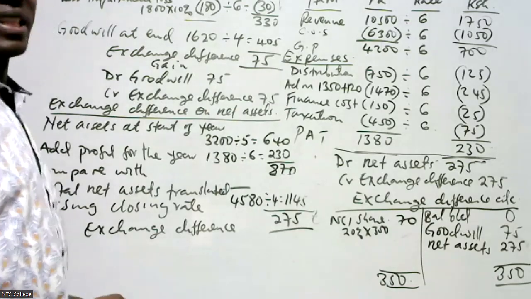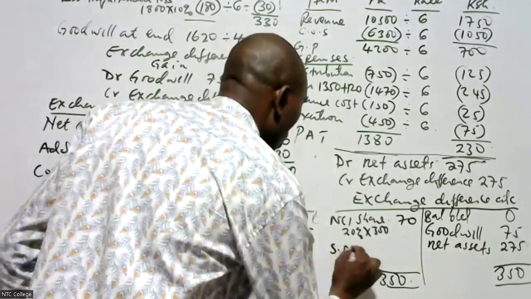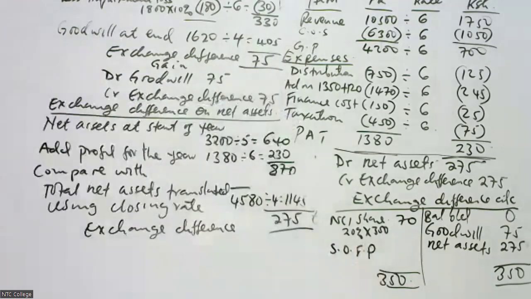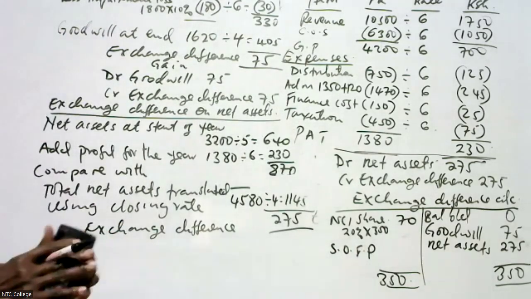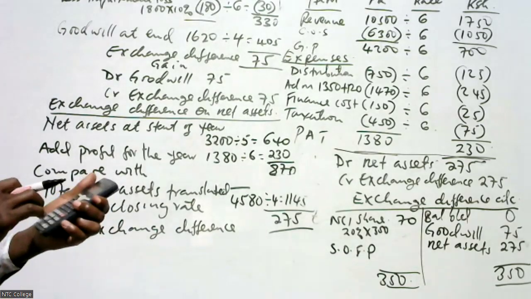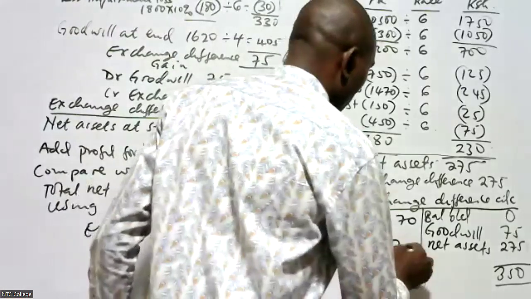Therefore, how much are we going to take to the statement of financial position, the one we are going to consolidate? When we subtract, we get 280.